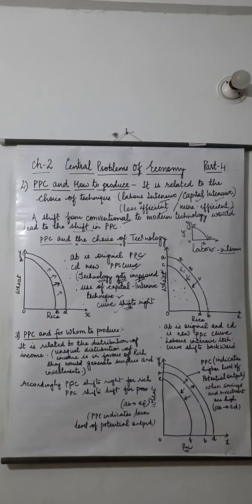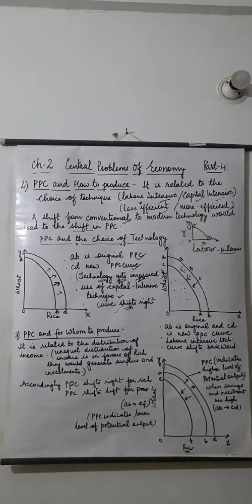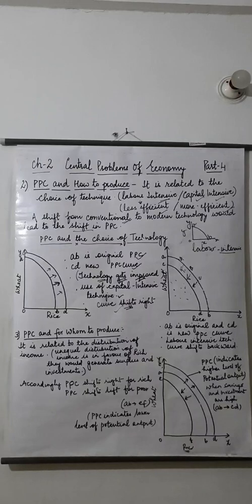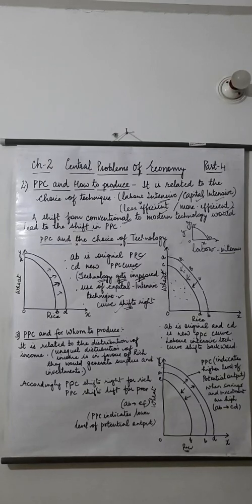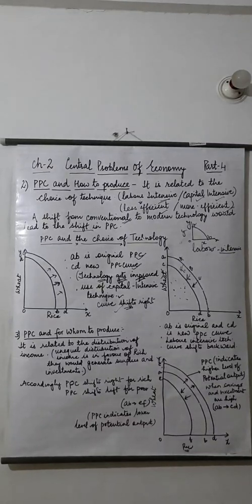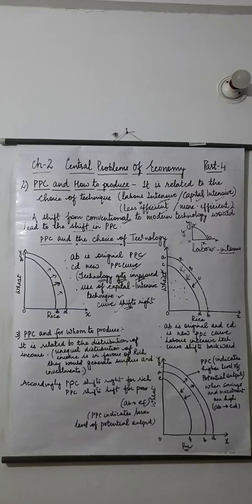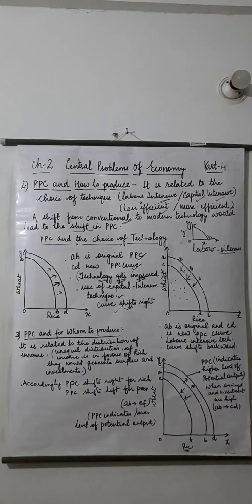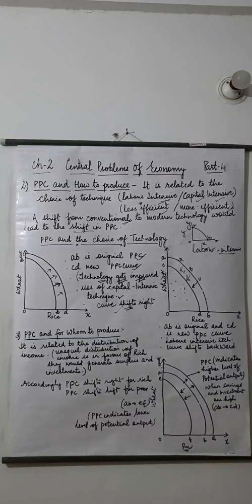There is a problem of choice because the resources are scarce and we have alternative uses. So to overcome this, we had to face a problem in which, if two goods are taken, then to increase one, the other had to be decreased. So the PPC curve shows the various combinations of goods that can be grown and consumed.